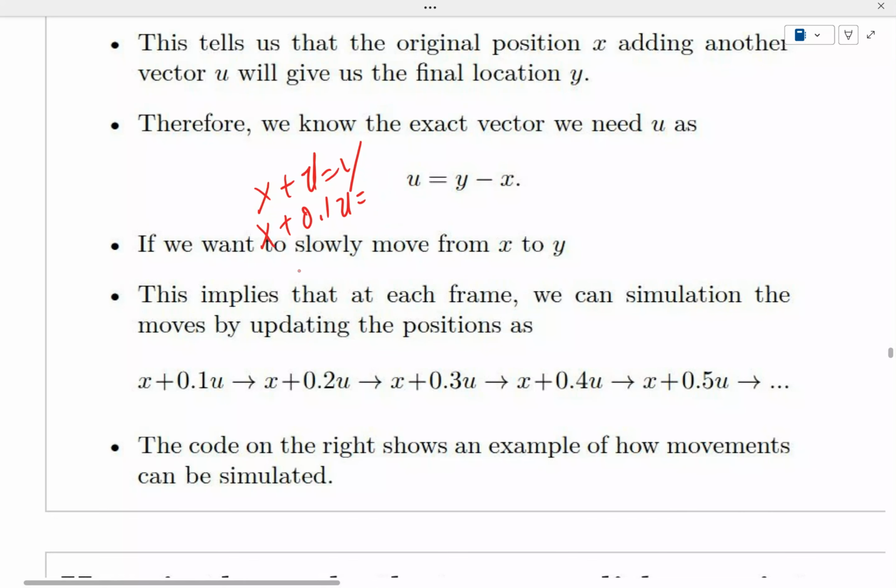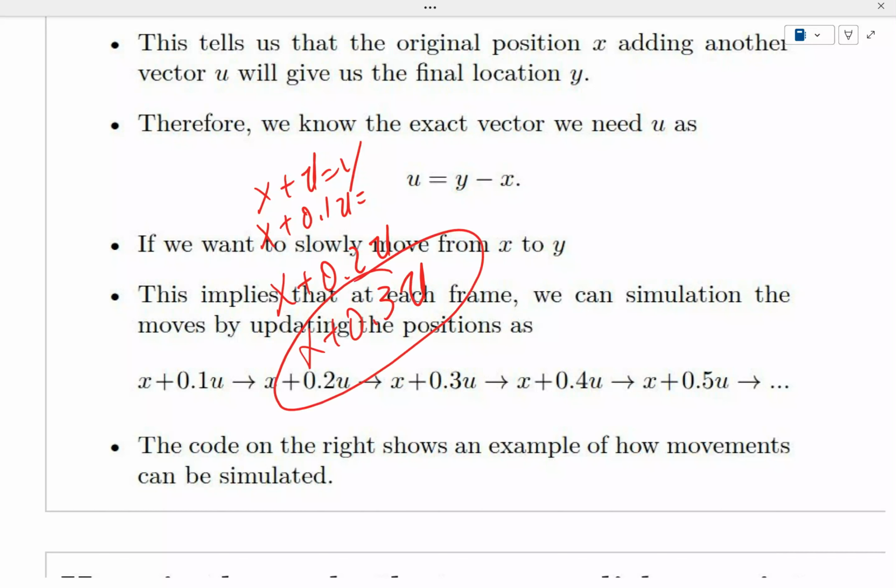And every single time you do an update, you do x plus 0.2 u, x plus 0.3 u. So now it's 30% of the way to y. And every time you perform this update, you are basically redrawing the point and creating an illusion that it's moving.